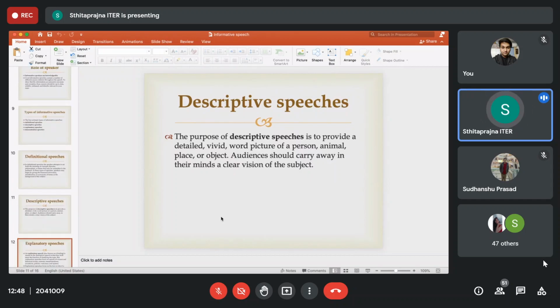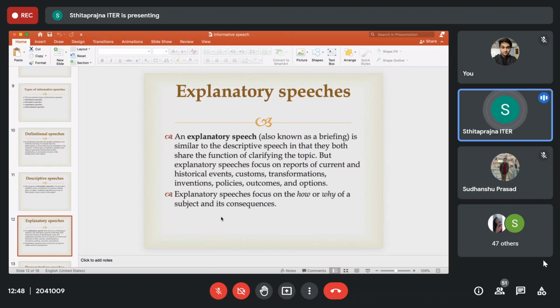Descriptive speech. Explanatory is, again, when you're clarifying the topic. So it focuses on reports of the current and historical events, customs, transformations, inventions, policies, outcomes, options.